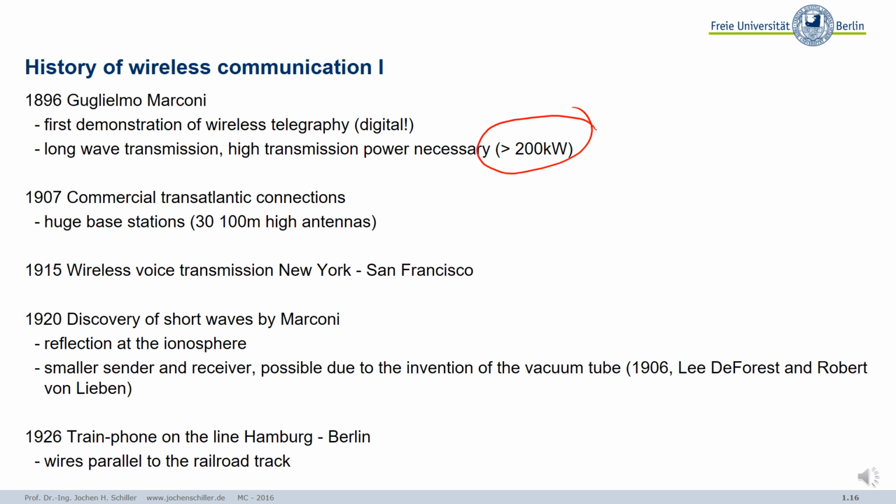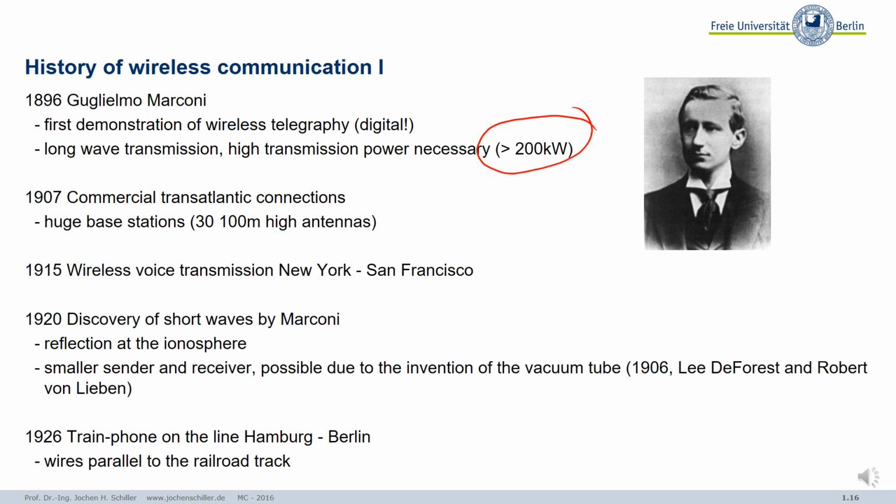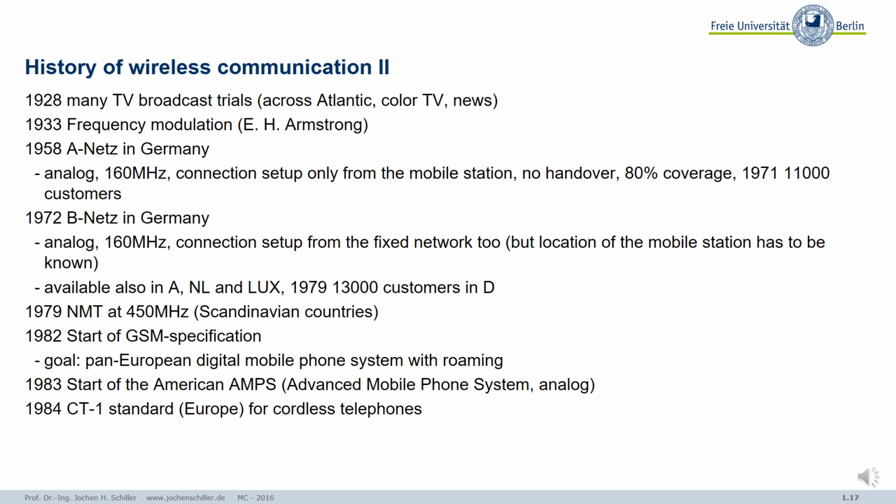Marconi discovered also short waves. Short waves means small antennas. Discovered that you can transmit these waves around the globe, and then the vacuum tube was invented that's needed for amplifying the signals, and there was already 1926 the first train phone between Hamburg and Berlin. That's quite interesting. So that was Marconi.